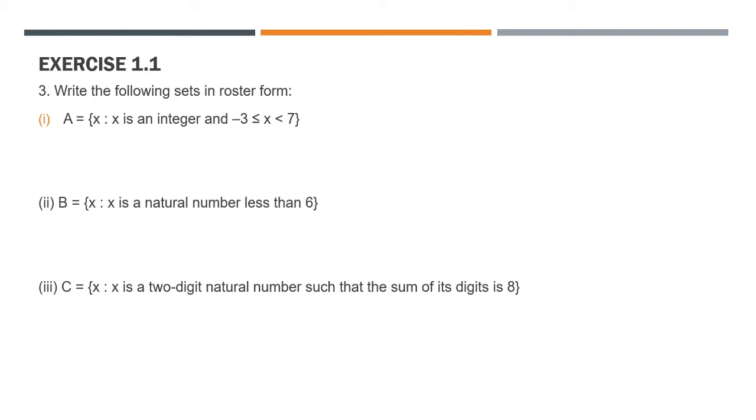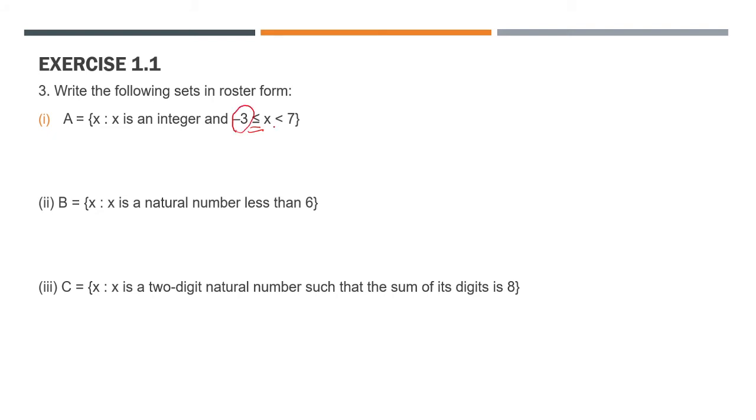Next question says, write the following sets in the roster form. First one is A is equal to set of all x such that x is an integer and minus 3 less than or equal to x less than 7. So, here we have minus 3 less than or equal to x. If it is less than or equal to x, then we have to include this.